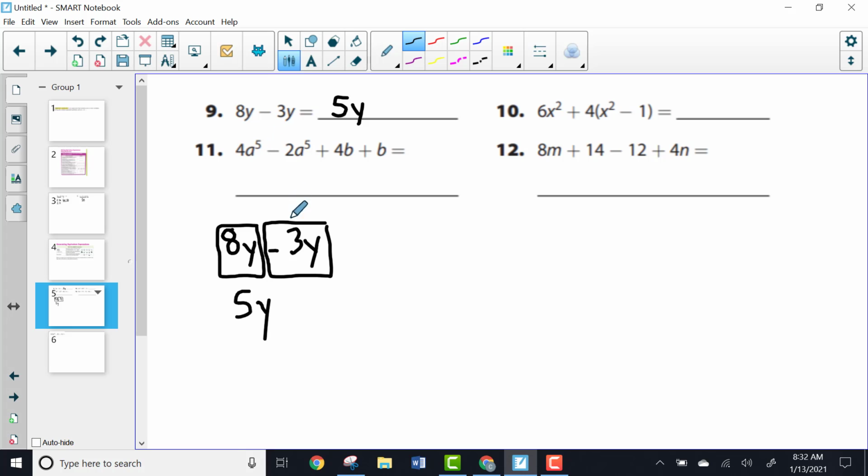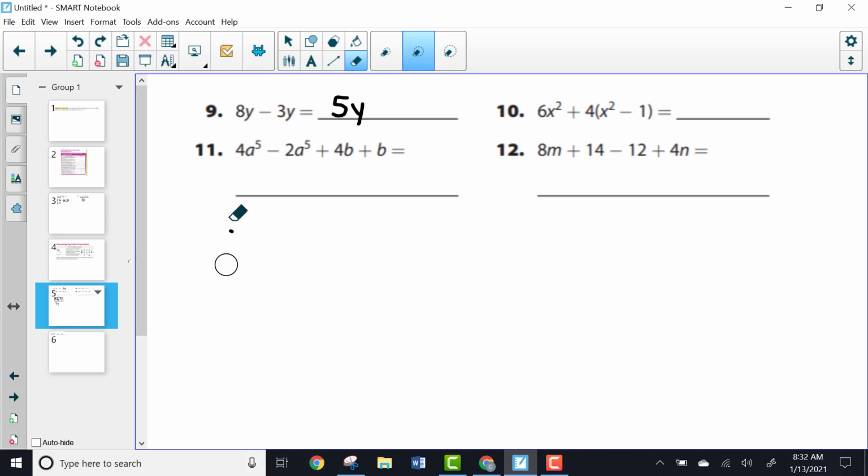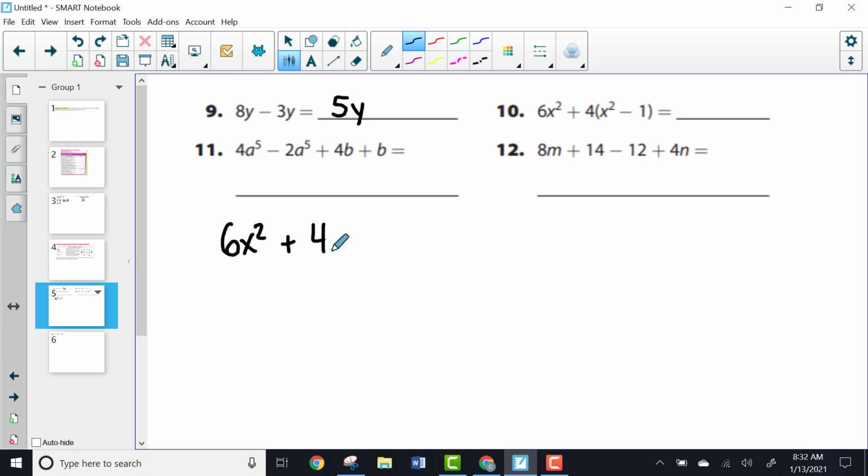Now, let's take a look at number 10. This one is not too difficult, but when you get into some of these, it can be a little tricky. So I'm going to erase this here and take a look at number 10. We have 6x to the power 2 plus 4, and then our parentheses.